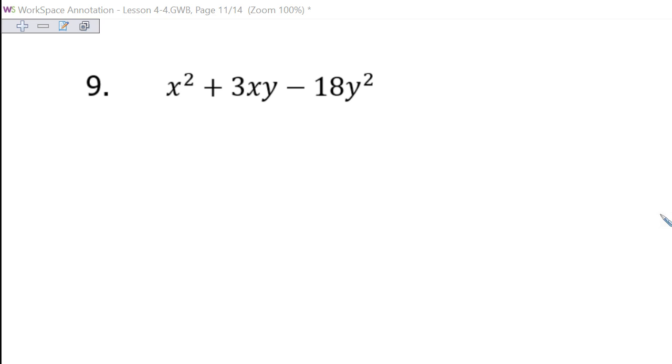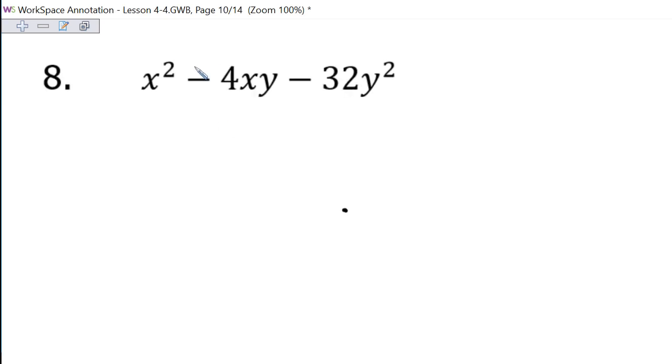Okay, problem number 8. We have both variables again, but for right now, just ignore the extra variable. So we still want to look to see what two numbers multiply to negative 32 and add to negative 4. So when I list my factors of negative 32, now if you have to list the factors, that's fine. If you don't have to, that's perfectly good too. So if I have to multiply and get a negative, what does that mean about one of these factors?